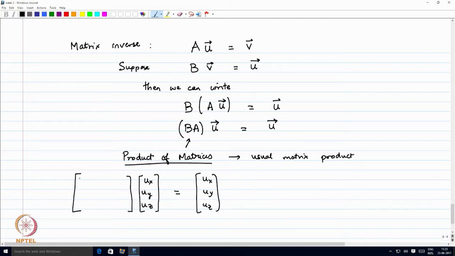So now you can easily show that if I take 1 0 0, 0 1 0, 0 0 1, okay, if I take this matrix, operate on this vector, I will get back this vector. So clearly, this implies that I times U equal to U, where this matrix is called the I matrix, identity matrix.